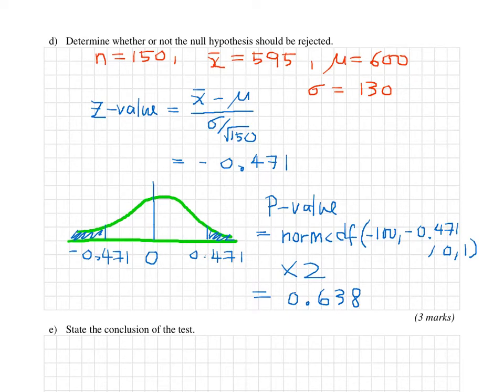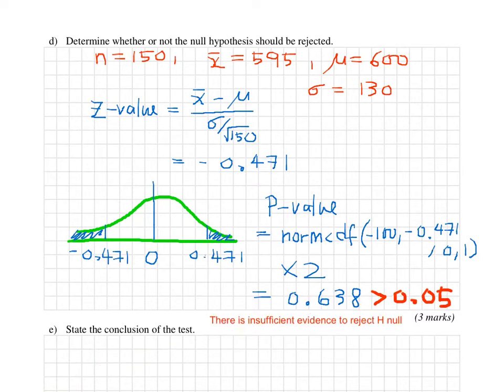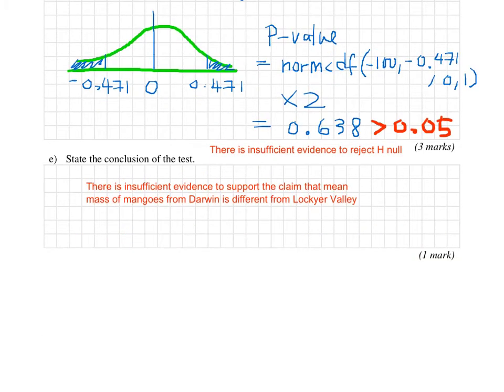This value is greater than 0.05, the significance level that we set. We then conclude that there is insufficient evidence to reject the null hypothesis. So there is insufficient evidence to support the claim that the mean mass of mangoes from Darwin is really different from Lockyer Valley.